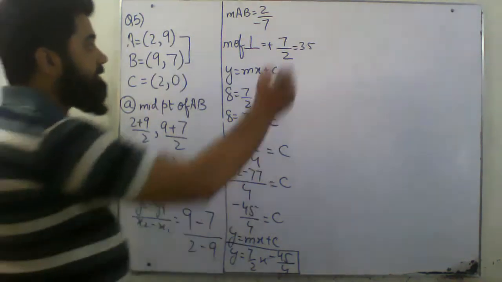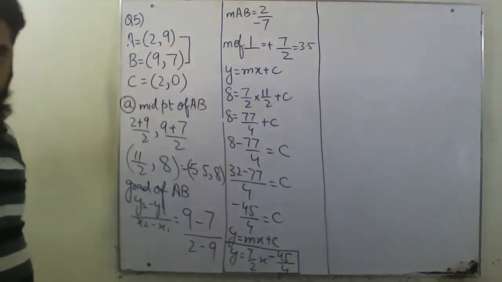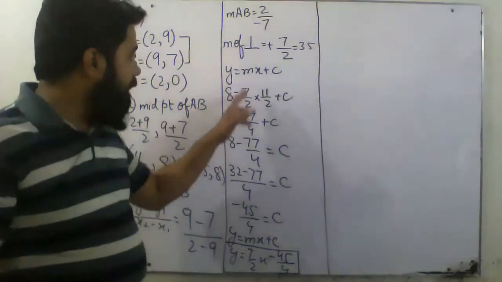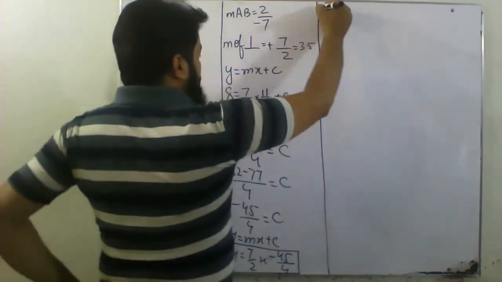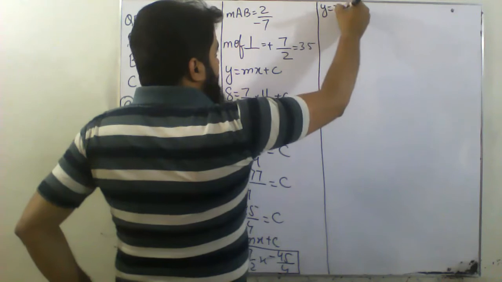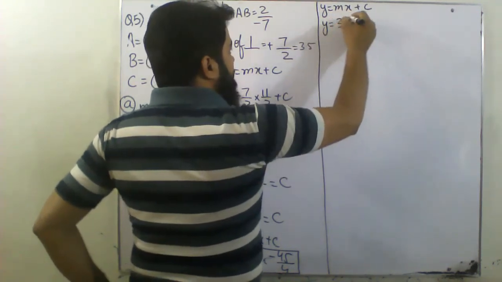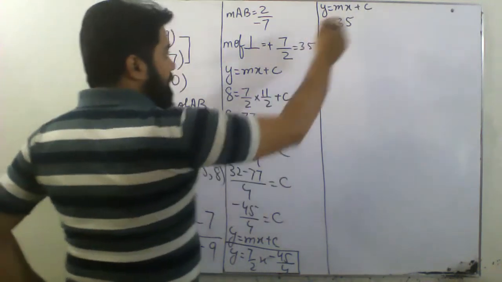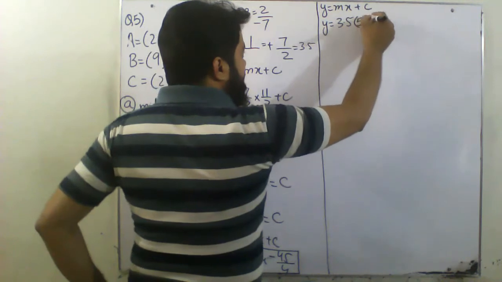But for instance, someone wants to solve things with decimals. Same thing I am doing again, but now I am going to take values as decimals. So y equals mx plus c. m will be 3.5, x is going to be 11 over 2, that will be 5.5, plus c.